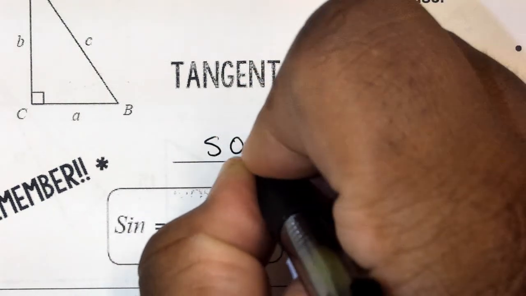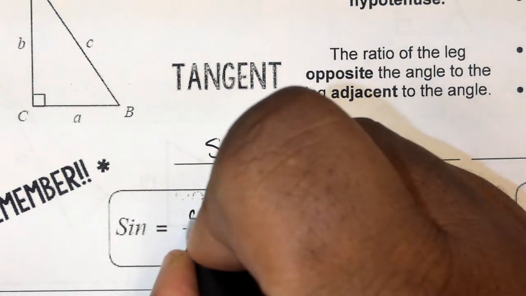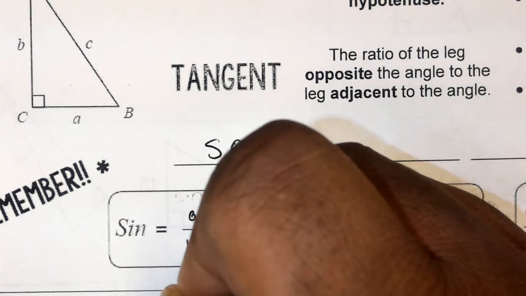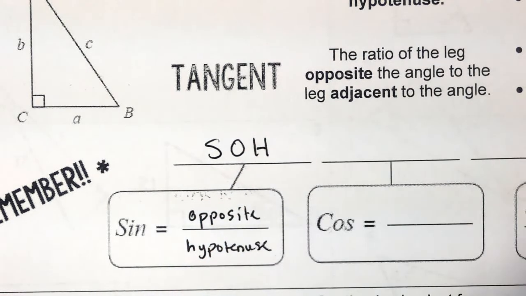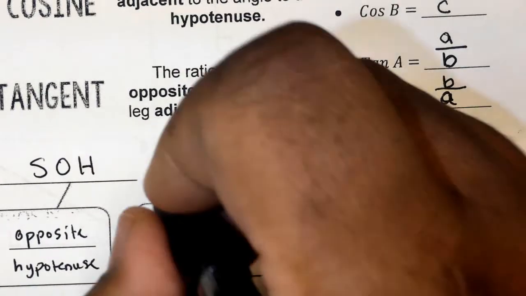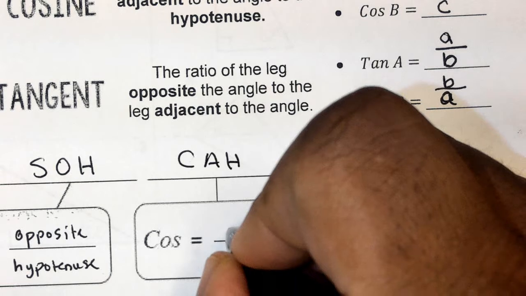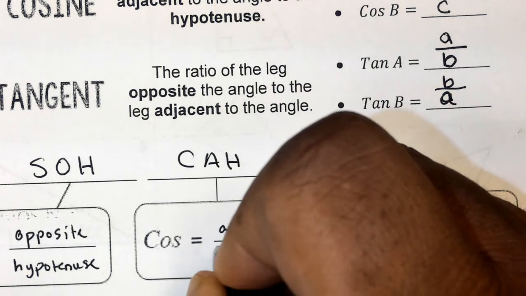So SOH. The S part is sine equals opposite over hypotenuse. The CAH, cosine equals adjacent over hypotenuse.